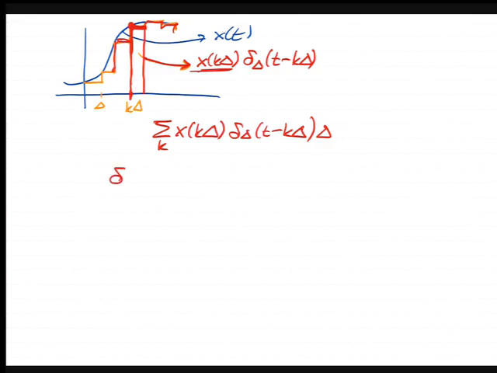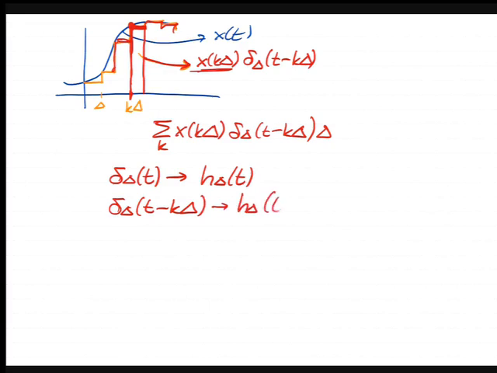So, using the LTI property, if this gives me an output that I will call h delta of t, then this will give me h delta of t minus k delta using time invariance.